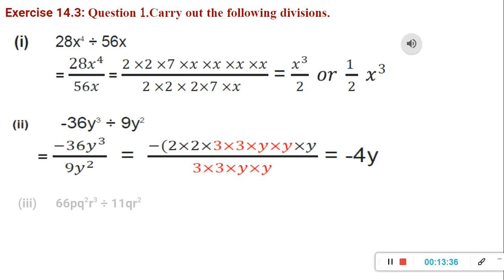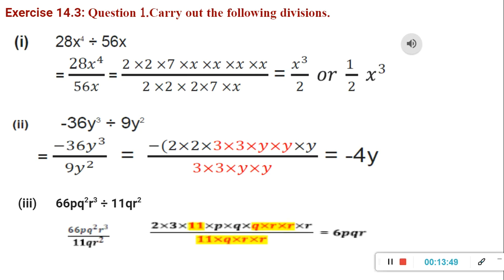Same way, third one, 66p q square r cube divided by 11 q r square. So here 66 can be written as 2 into 3 into 11, right? And into p into q into q into r into r into r, divided by 11 into q into r into r.